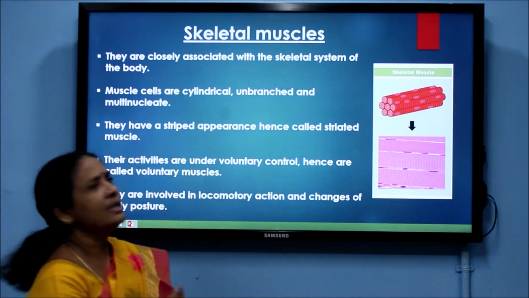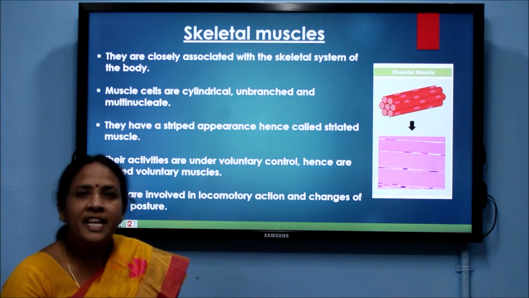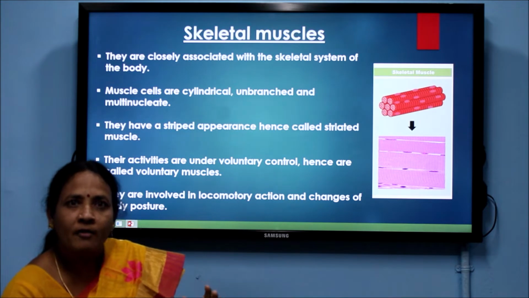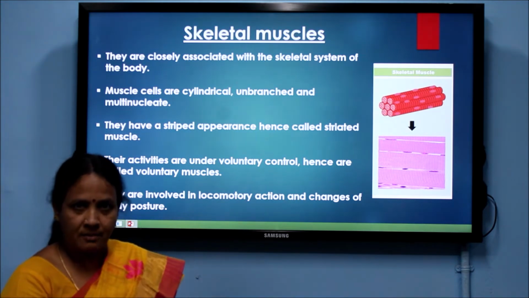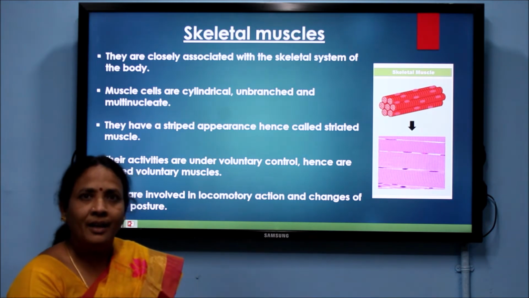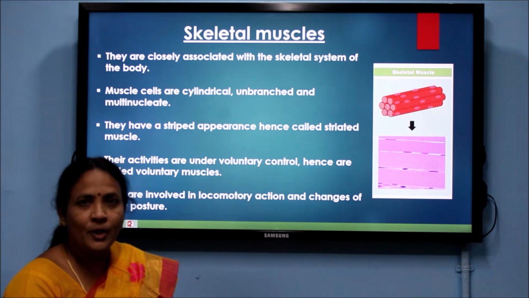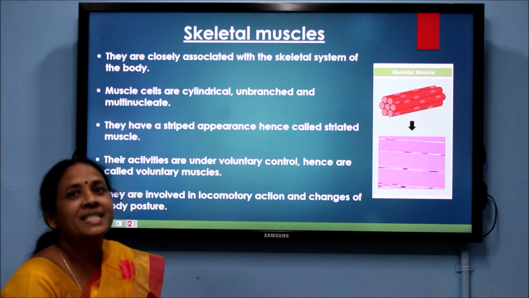Now we will see the skeletal muscle. Why is it so called? Because these muscles are attached to our bones, the skeletal system, so they are said to be skeletal muscle. From the name itself, we know that they are attached to the bones.